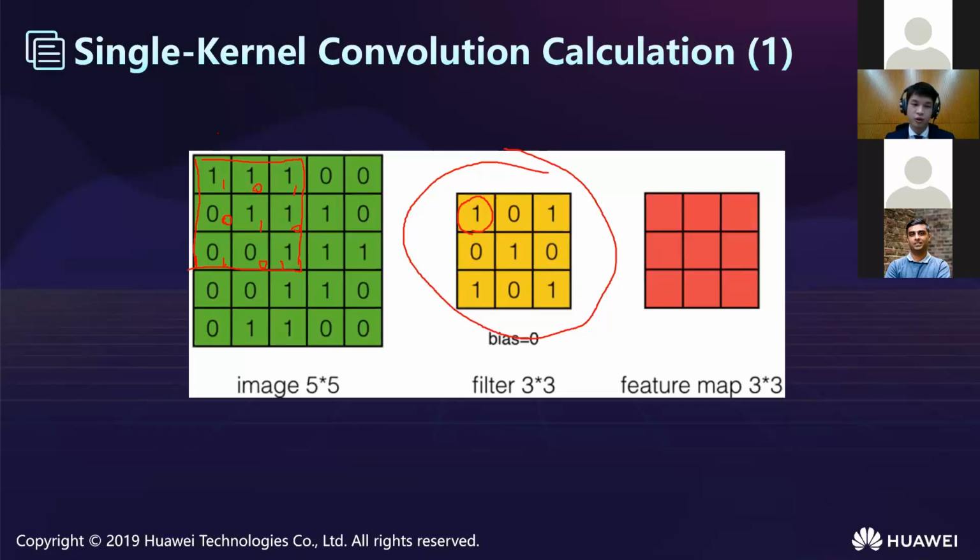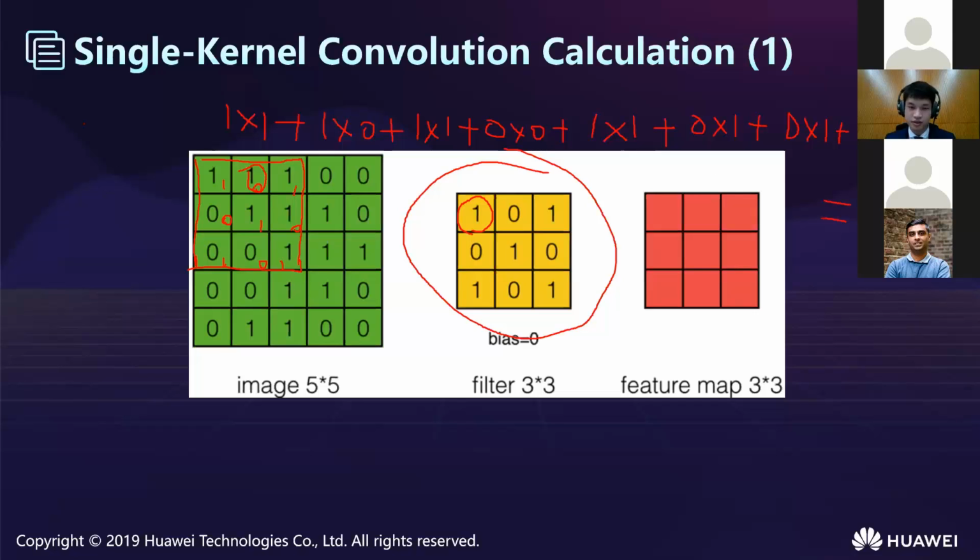Okay, so we do the convolution like 1 multiply 1 in this position, and 1 multiply 0 in this position, plus 1 multiply 1 plus 0 multiply 0 plus 1 multiply 1 plus 0 multiply 1, 1, 0, 0, 0, and 1, 1.